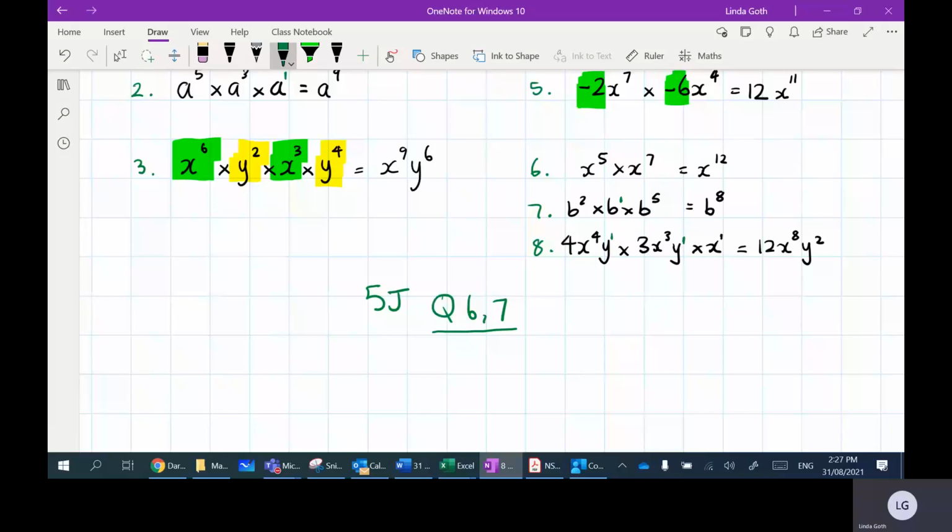If you're going to do the extension work, just do half of each of these questions. If doing extension, because you'll want to move on to the next video quicker than if you're just doing the core work. Please make sure, everybody, that you are marking your work from the back of the book.